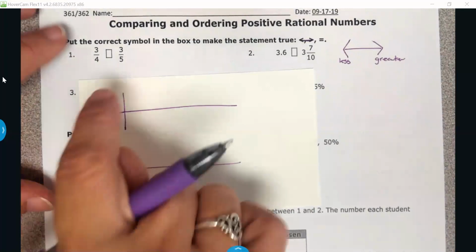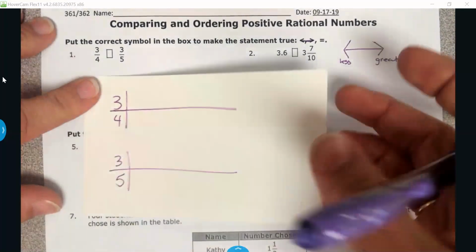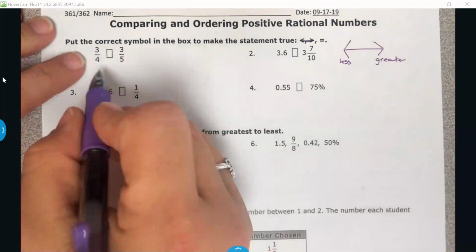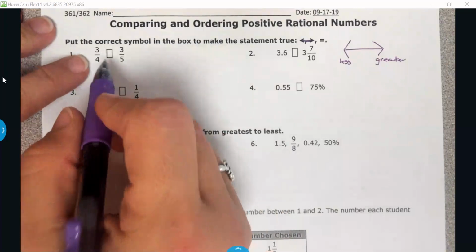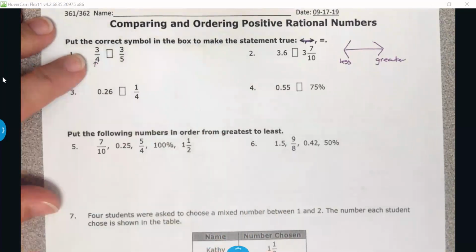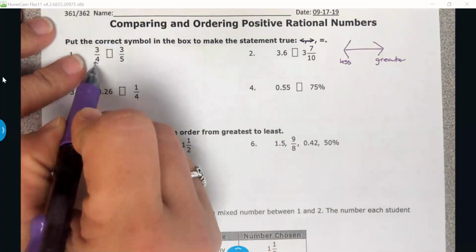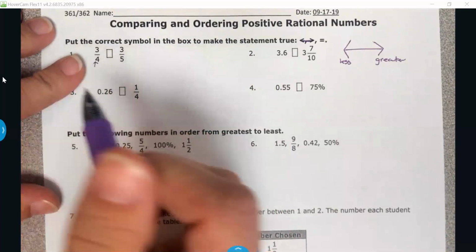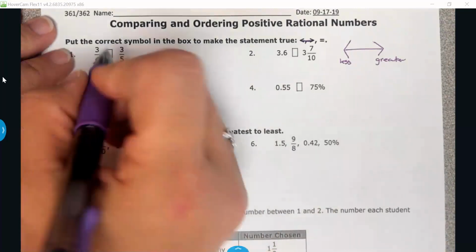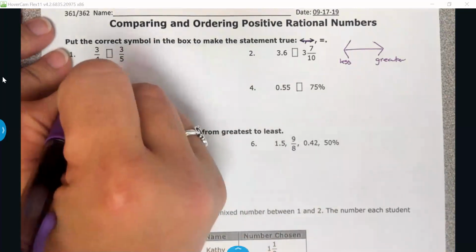I would prefer just changing these into decimals right away. So if I had 3/4, anytime I see a denominator of 4, I think quarters. 4 quarters is one whole dollar, so 3 out of 4 would be 75 cents.